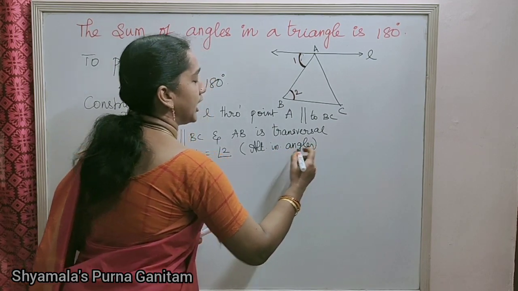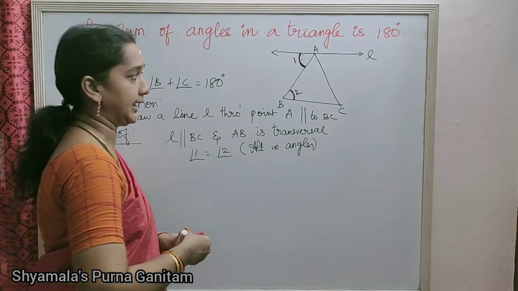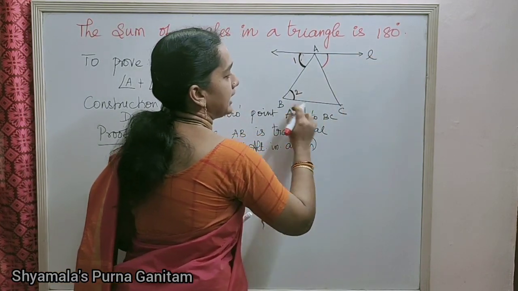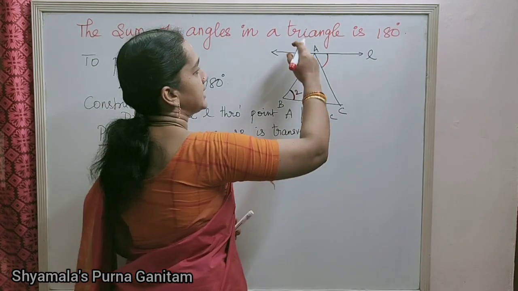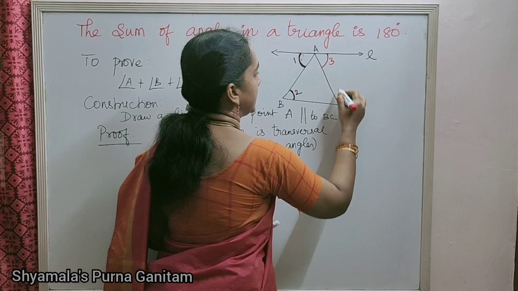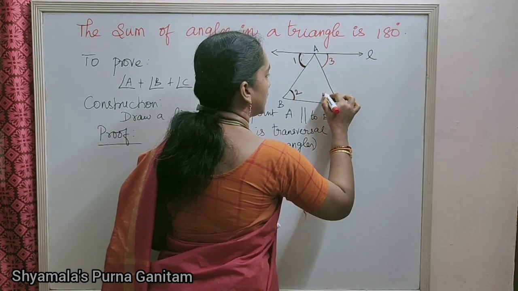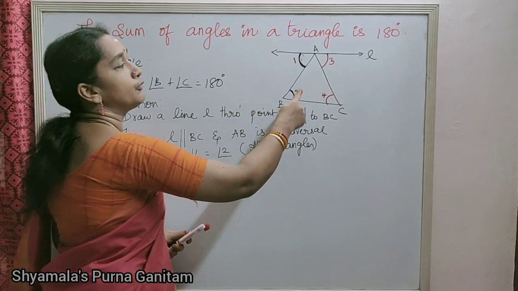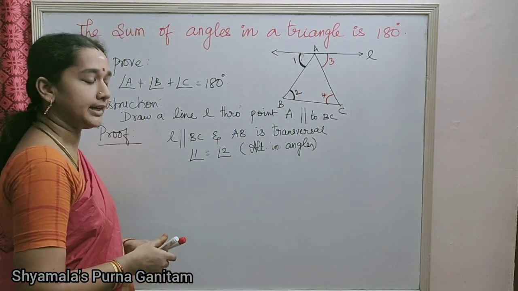The same way on the other side also we will take. L and BC are parallel lines and AC is transversal. So angle 3 and angle 4 are alternate interior angles.